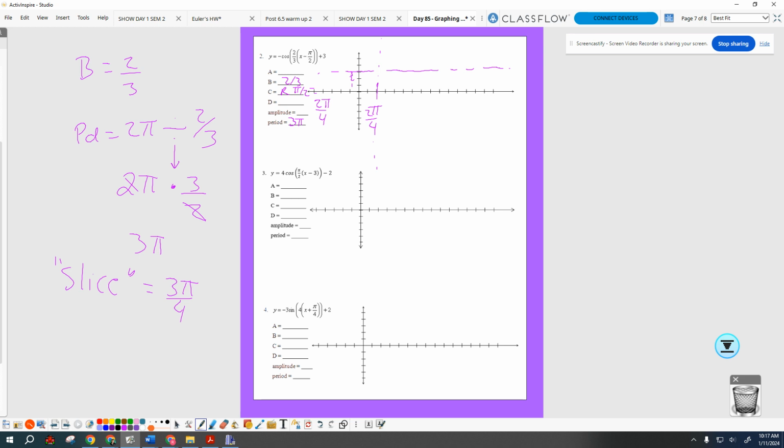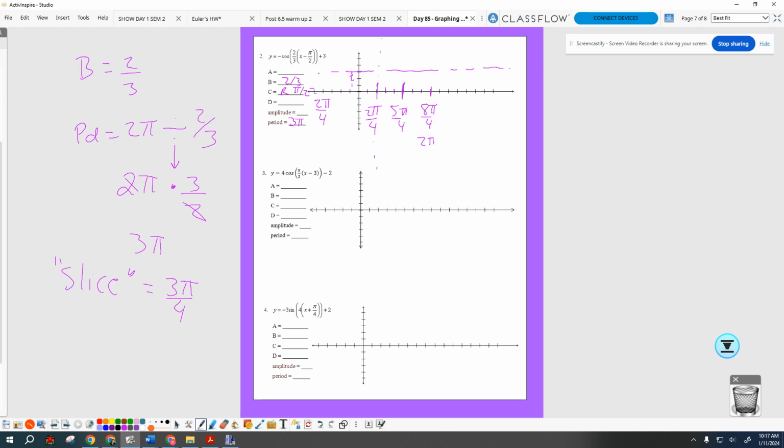2 pi over 4 plus, so this is 1, 2, now I need to add 3 pi over 4, 1, 2, 3. 2 pi over 4 plus 3 pi over 4. And then 6, 7, 8 pi over 4, which, yes, Nick, you can call 2 pi.